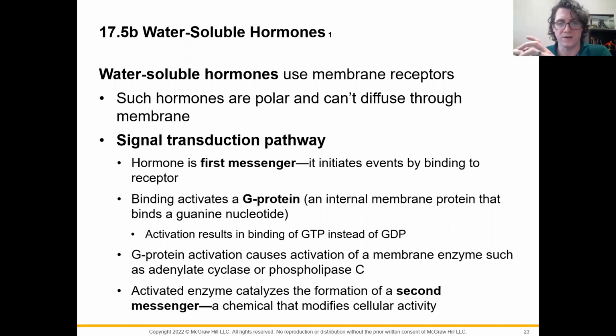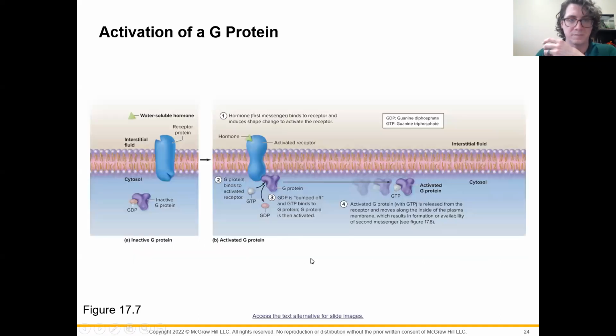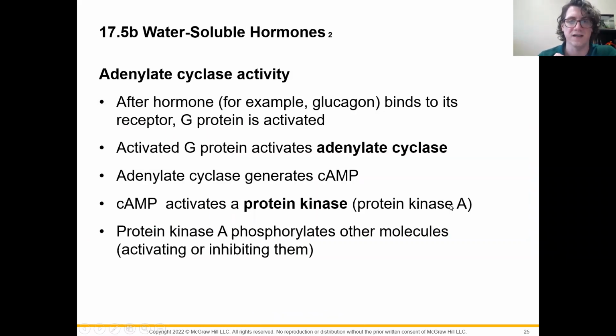We're going to call this process G protein activation, or a second messenger system. Okay, so here we have our water-soluble hormone. It's going to hit its little receptor protein. Bound to that receptor protein is going to be our second messenger, or our G protein. It gets activated after the hormone binds, and it's going to shoot down the cell membrane until it finds its next site.